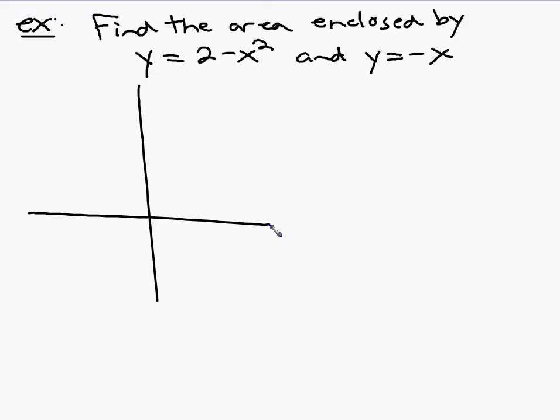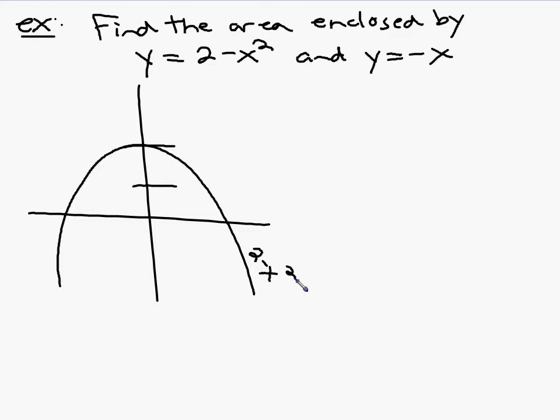2 minus x squared is just an upside down parabola through 2. Okay, there's 2 minus x squared. And the other function is just our old plain linear function through the origin, but it has a negative slope.